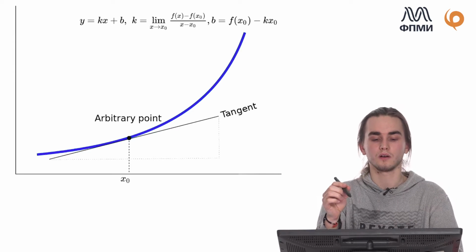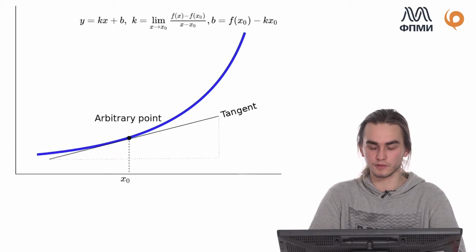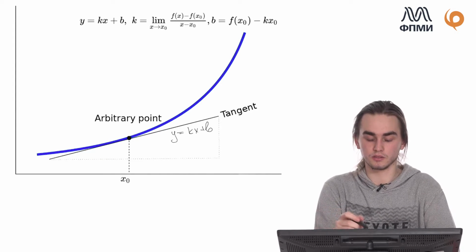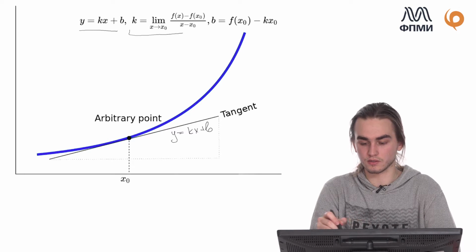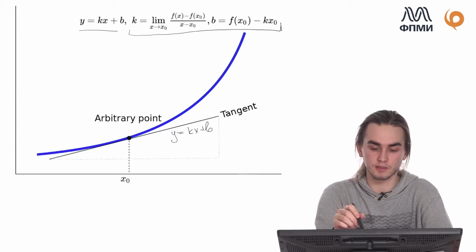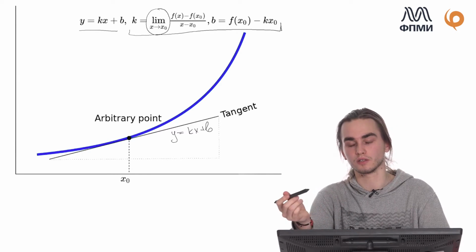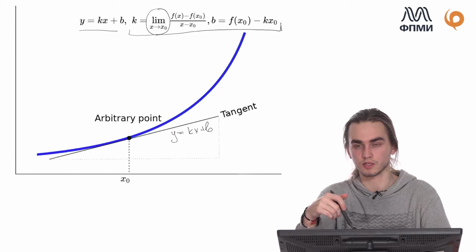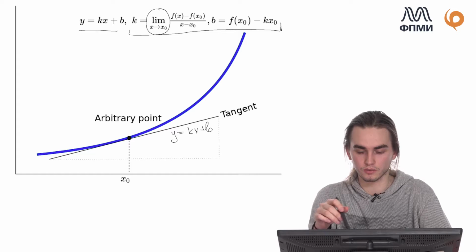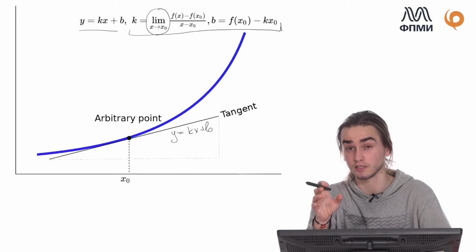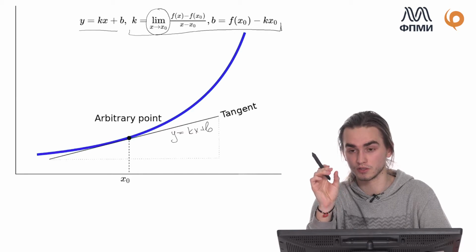Okay, so here are formulas which we know already. Here are the ones which describe this tangent line, and here are the coefficients there. Basically what is said here is a limit. We will not define it here as I said, but you can see it as this second line from the previous slide, which is trying to get as close as possible to the tangent line by shifting two points together.